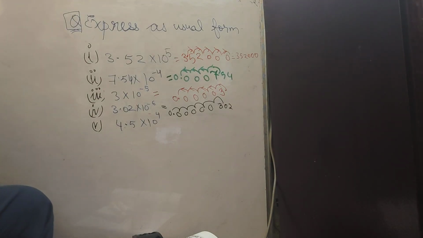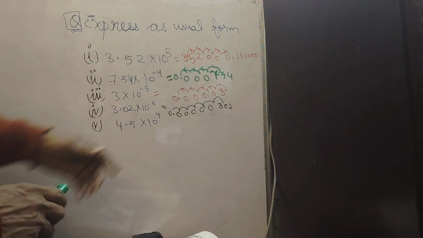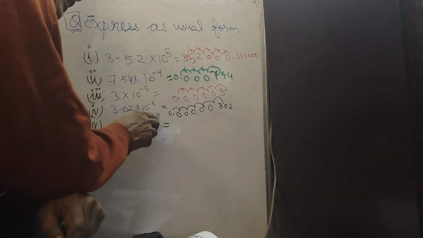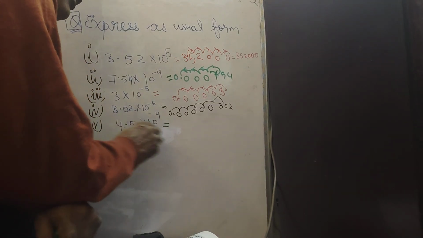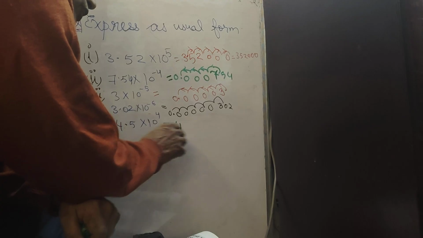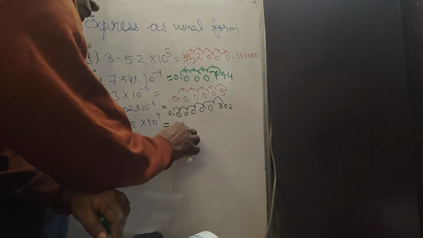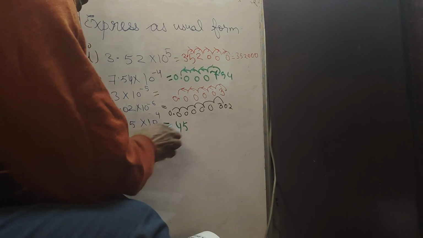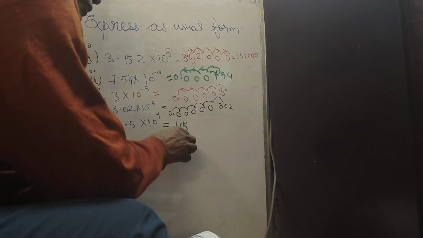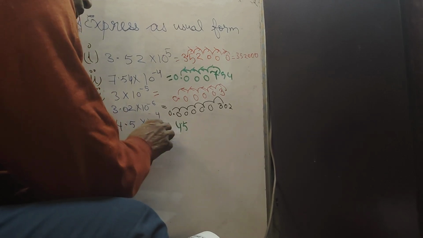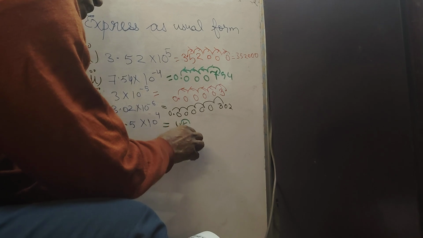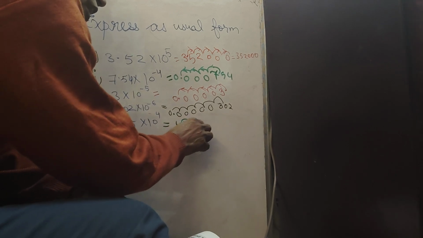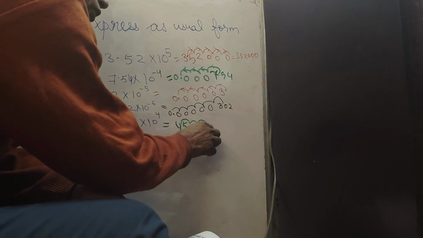And the last one, the fifth one, is 4.5 × 10 to the power 4. Since the exponent is positive, the decimal shifts toward the right side. We write the number 4.5, and the decimal shifts 4 digits toward the right side: first digit, then put 0, second digit, then put 0, third digit, then put 0, fourth digit.